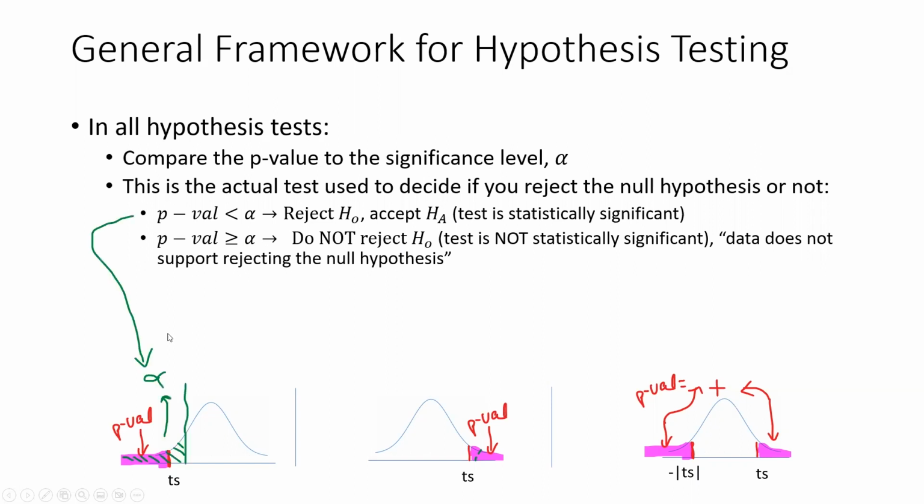The idea here is, if the p-value is less than alpha, what we're saying is this is the probability that we're willing to reject the null, even if it's true. This is the risk we're willing to take. So if we see anything with this kind of amount of probability, we're okay with it.